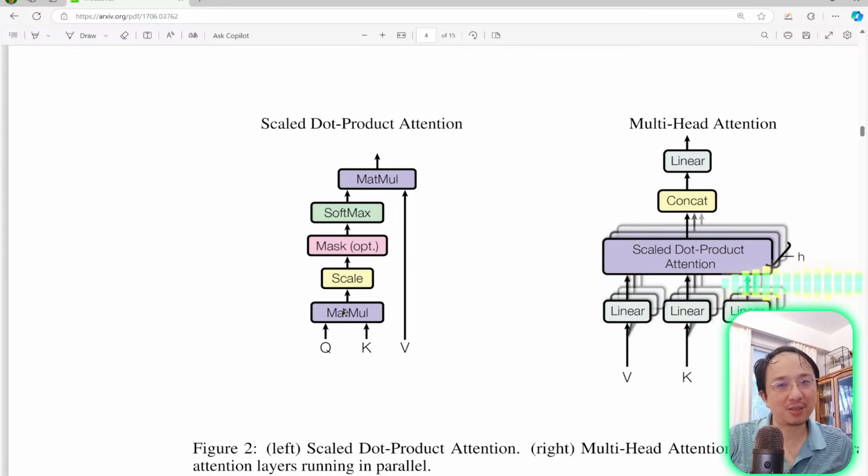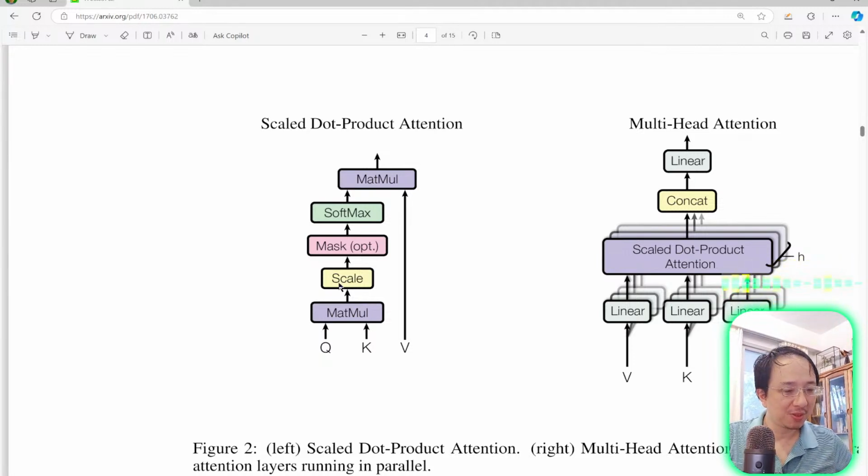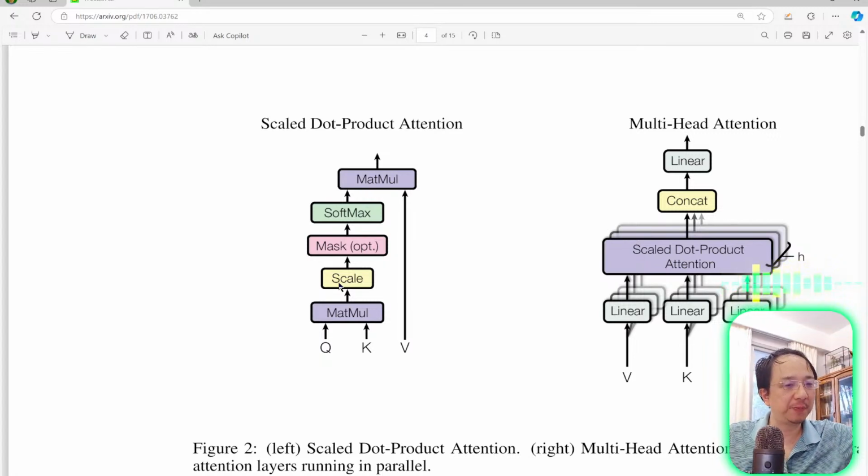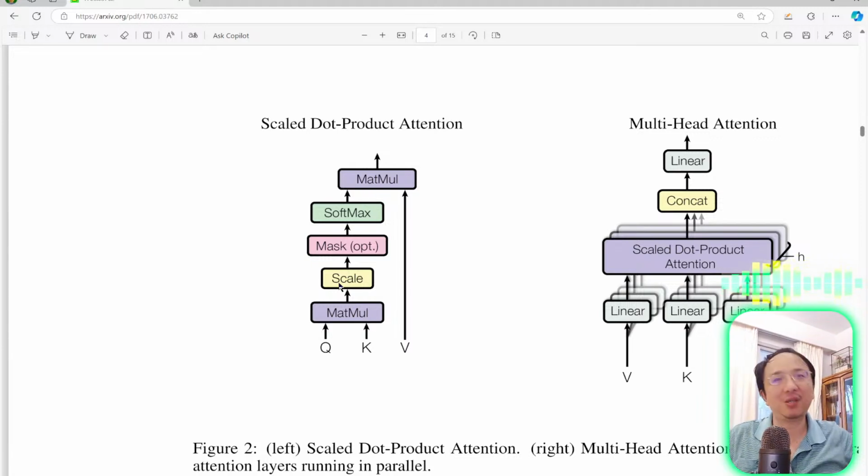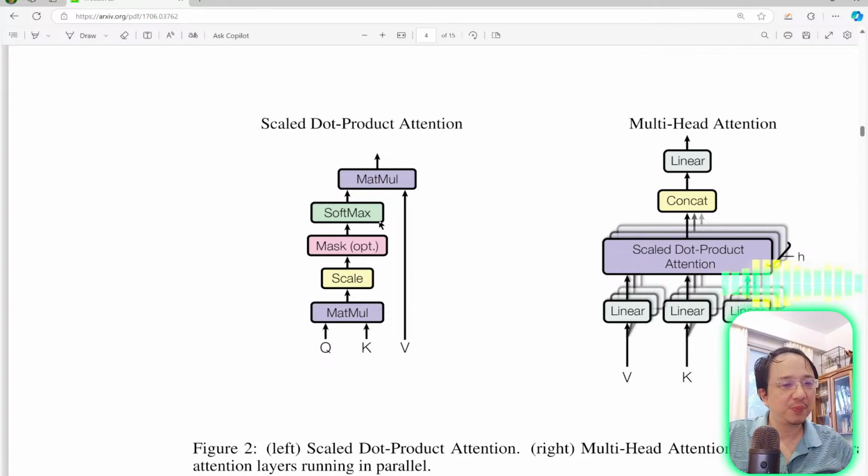And we'll talk about scale. Scale is used because if you have a longer sequence, your inner product is going to be bigger. If the value is really big, the softmax is not consistent, because when you do softmax you are doing an exponential, so it is going to be really large.